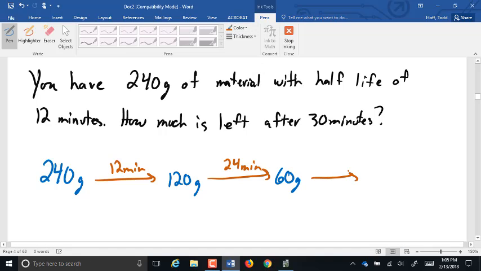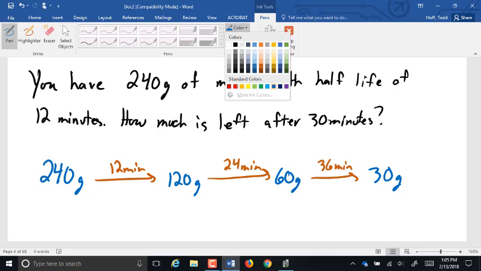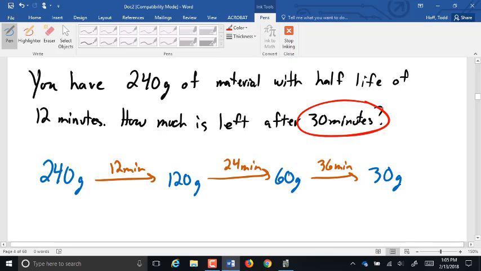After another 12 minutes, or a total of 36 minutes, how much should we have left? Half of 60 makes 30. Well, we're looking at 30 minutes here. That's between 24 and 36. So that's telling us our answer better be between 60 grams and 30 grams.